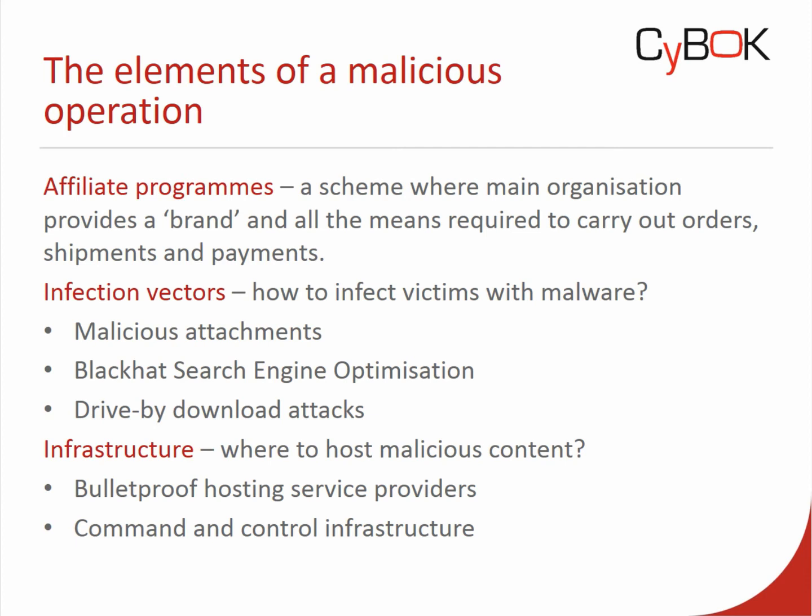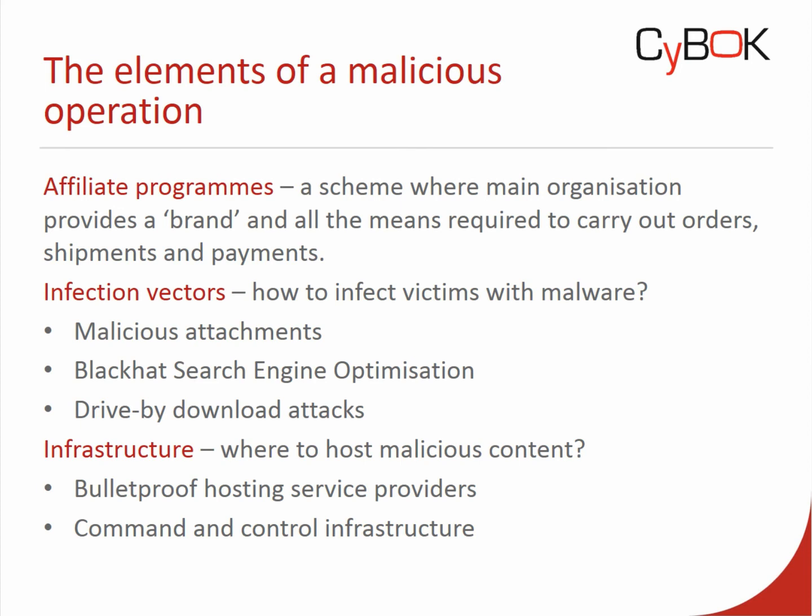And then we need infrastructure. So all this malicious content needs to be hosted somewhere. So the malware needs controllers, command and control servers, which need to be hosted in a place that's somewhat safe, is not easy to be taken down, and is also difficult to blacklist, because if security companies, for example, realize that there is a single IP address that's hosting malicious content, it would be easy to blacklist and block it.